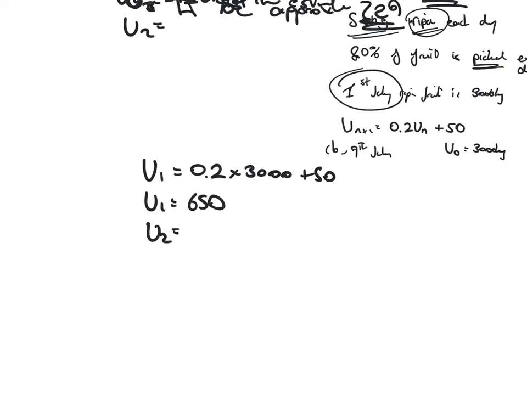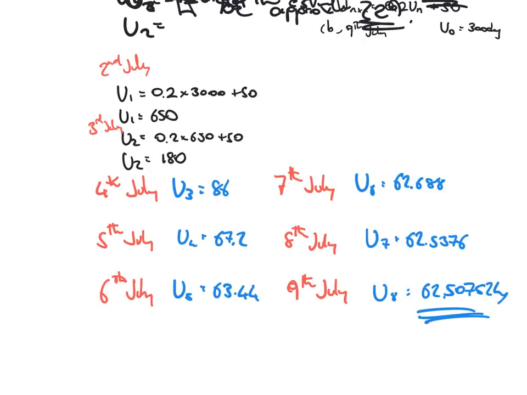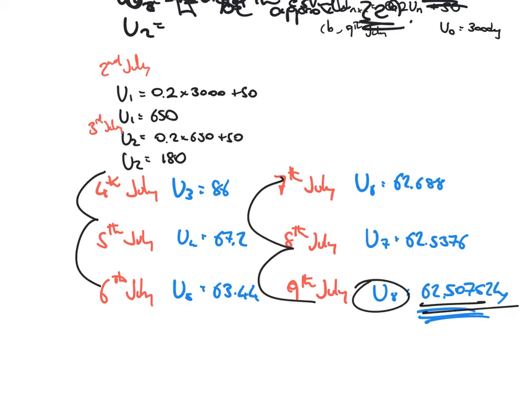U2 will be 0.2 lots of 650 plus 50, and that will give me 180. Okay, so if we follow that through to the 4th, 5th, 6th, 7th, 8th and 9th July, which is U8, we'll get 62.5 kilograms.